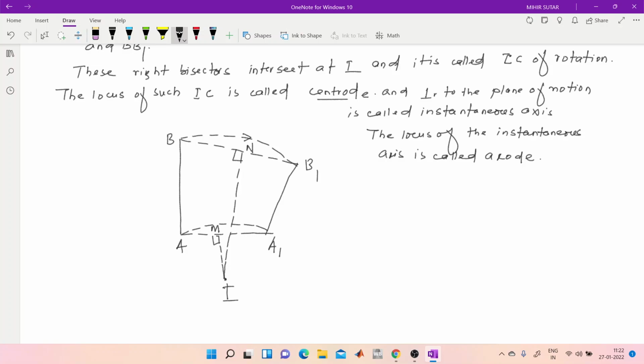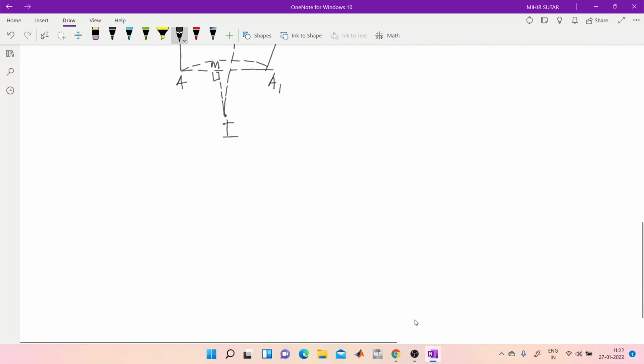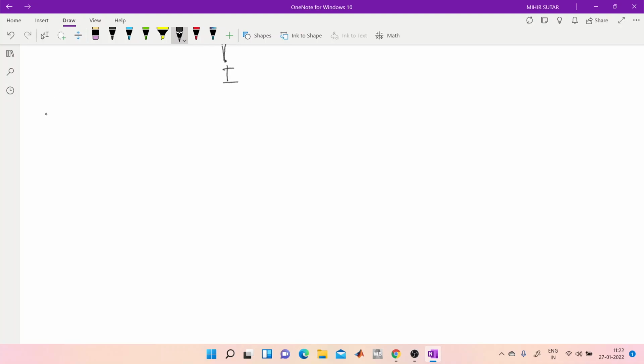Then the other definition of the instantaneous center. Consider a body P having a nonlinear motion. Let me draw first.